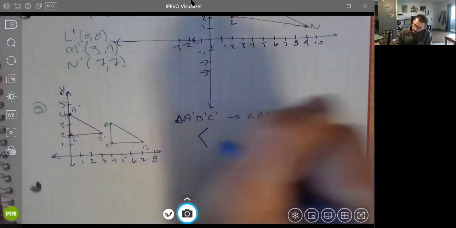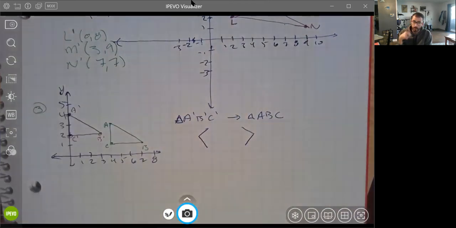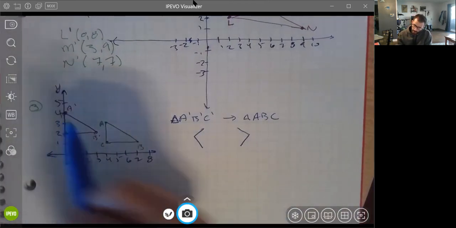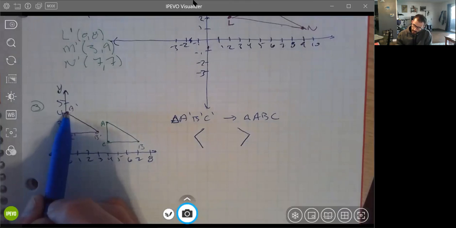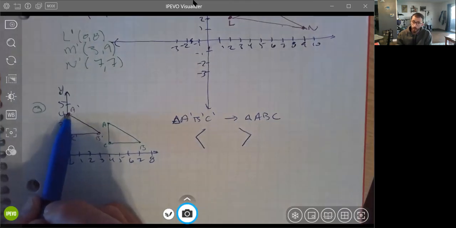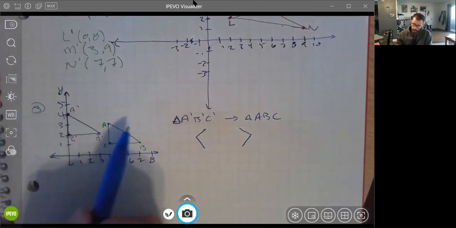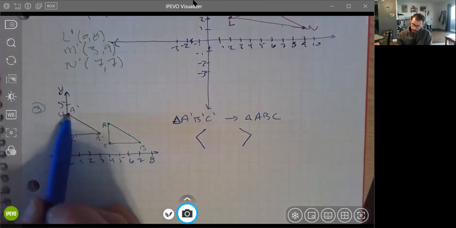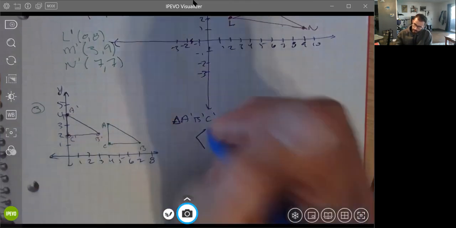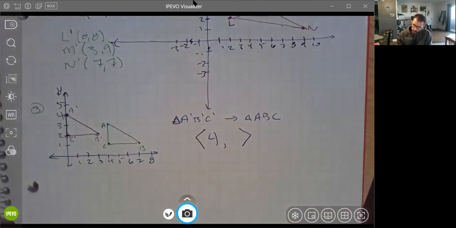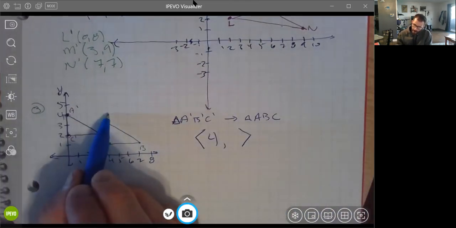So let's think of the vector, its direction. So let's use the vector arrow parentheses. And it looks like, let's see, we've got to do the horizontal component first. Horizontal component from A prime to A. So we go right 4. Vertical component next. We go down 1.